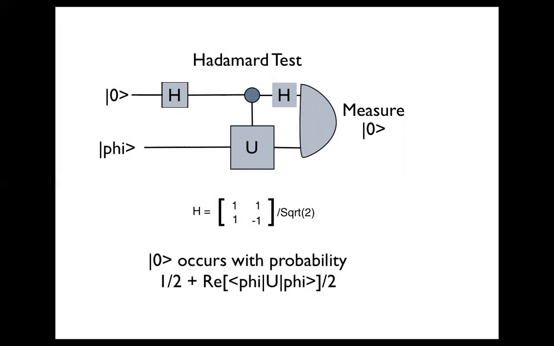And I measure to find out whether, upon measurement, I get 0 in the upper tensor line. If I get a 1, I don't regard that as a success, that part of the measurement. I want to see what the coefficient of 0 is in the upper tensor line. I want to know the probability of 0. I misspoke myself when I said the coefficient of 0, because I never see that.